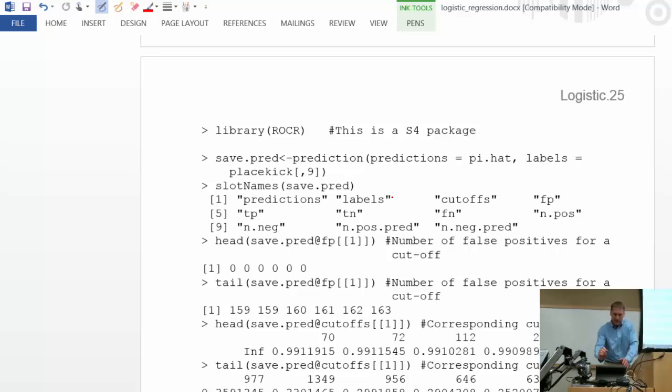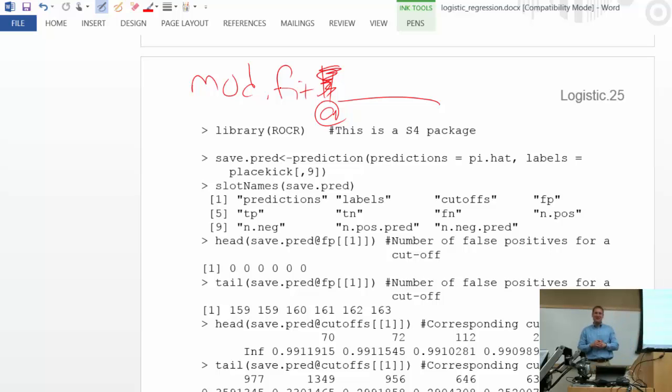First of all, if you remember when we had mod.fit resulting from the glm function, glm is actually written in S version 3, we were able to use mod.fit$ and then something after it. We could pull information out of mod.fit. Well, when you have an S version 4 object, instead of a $, you use the @ symbol. Okay.